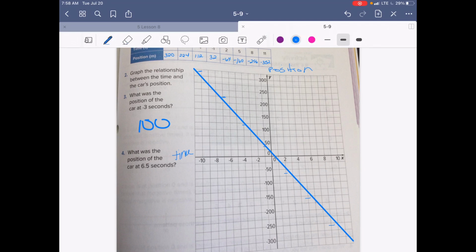What was the position at 6.5 seconds? So we're going to go to 6.5, and we're going to approximate that one as well. And it looks like it would have been at approximately -175. So we're going to go ahead and write -175.